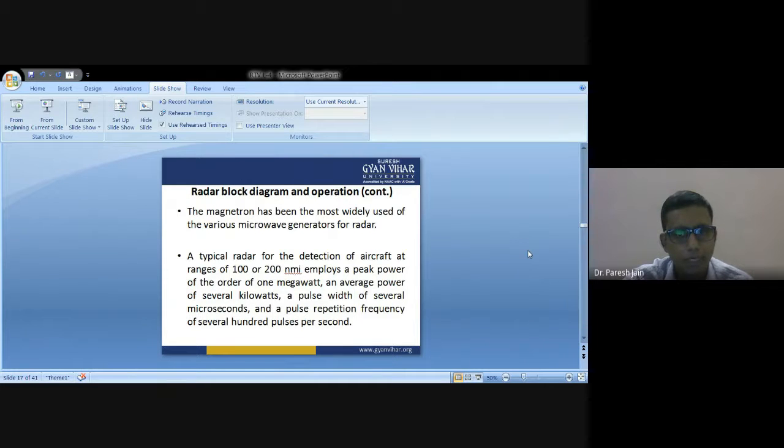The magnetron has been the most widely used of the various microwave generators for radar. A typical radar for detection of an aircraft at a range of 100 to 200 nautical miles employs a peak power of the order of 1 megawatt and average power of several kilowatts, a pulse width of several microseconds, and a pulse repetition frequency of several hundred pulses per second.